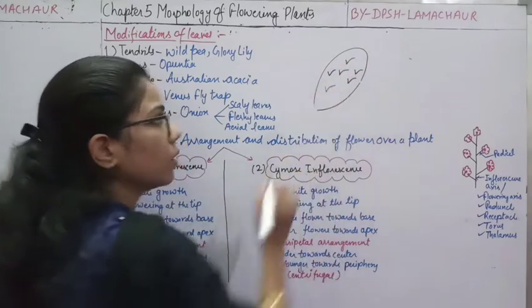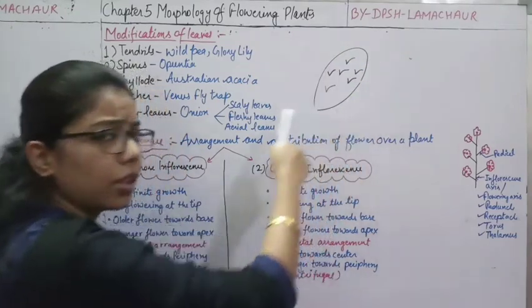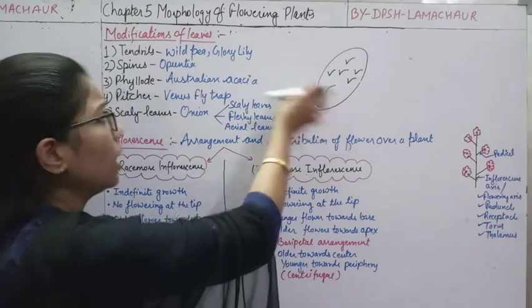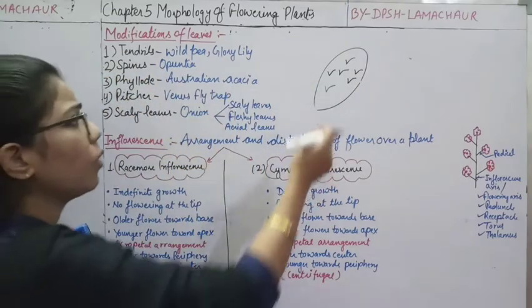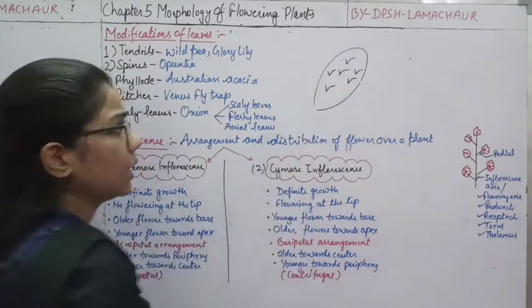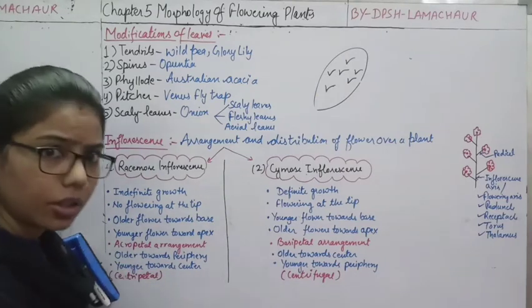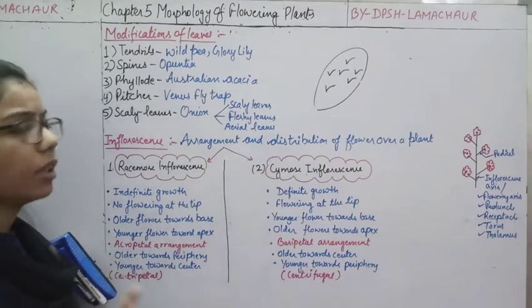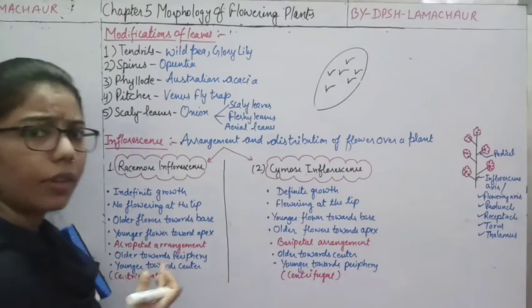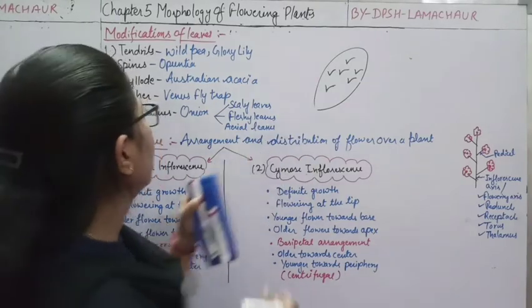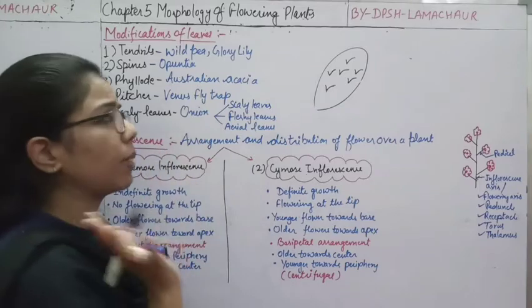What you are observing is that the stem is transformed into a flat-like structure and the leaves are transformed into spines, and these spines are for what? For reducing the transpiration rate in xerophytic plants. So we know that the functions are very important. So here we have done two things, tendrils and spines.